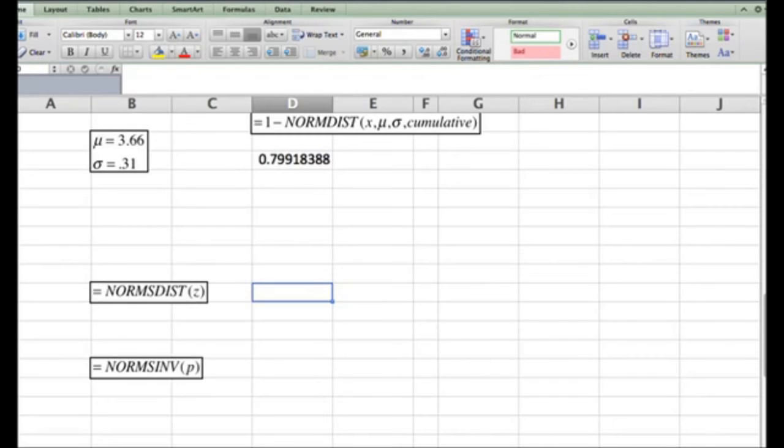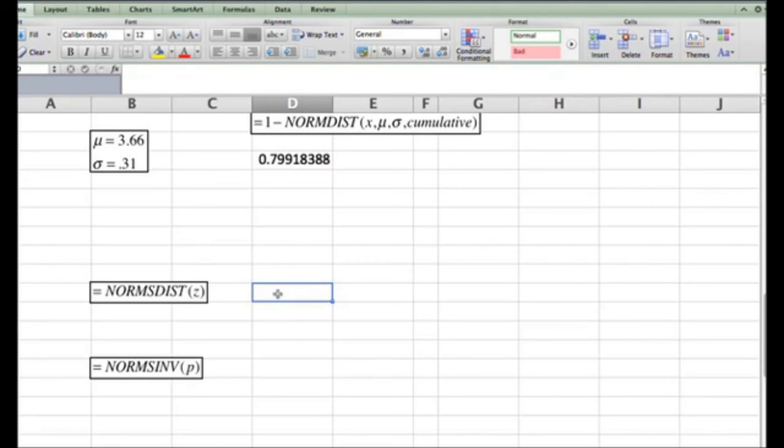If we know the probability, we could also find that on one of the tables, as we did earlier, and use that to determine what the z-score is. Two situations. The first function in Excel is NORM.S.DIST. And what that will do is enable you to enter a z-score, and it'll return for you the probability that is associated with that z-score.